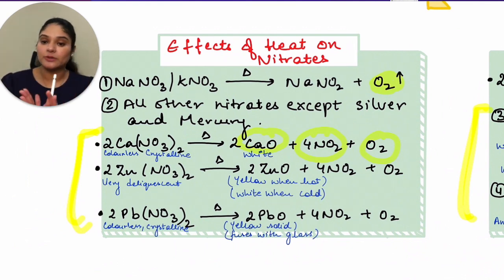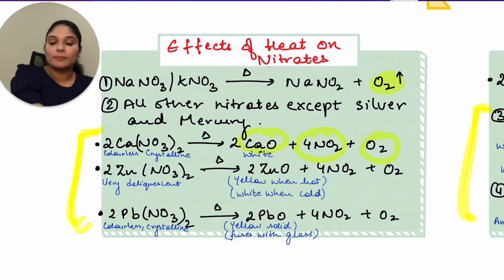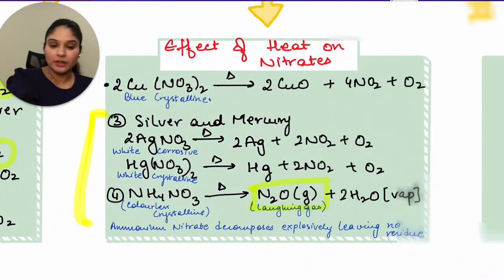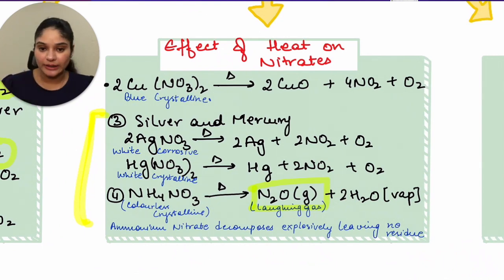Except silver and mercury, if you have any other metallic nitrate, you get oxide, NO2 plus oxygen. If you have silver and mercury, you don't get metallic oxide, you directly get metal, NO2 plus oxygen. And if you have ammonium nitrate, instead of giving reddish brown gas, it gives laughing gas, N2O plus water vapors, and it decomposes explosively, leaving no residue behind.